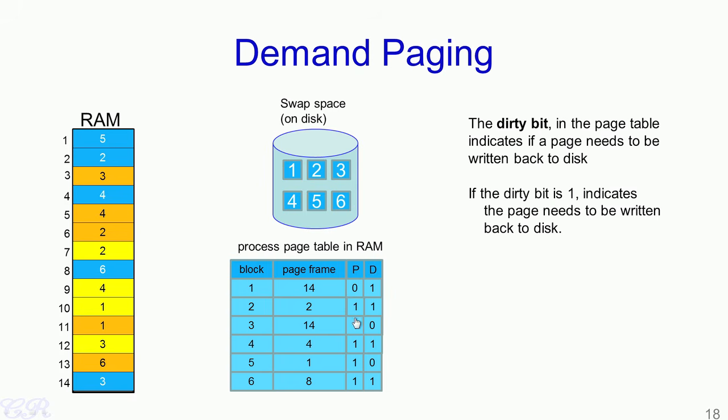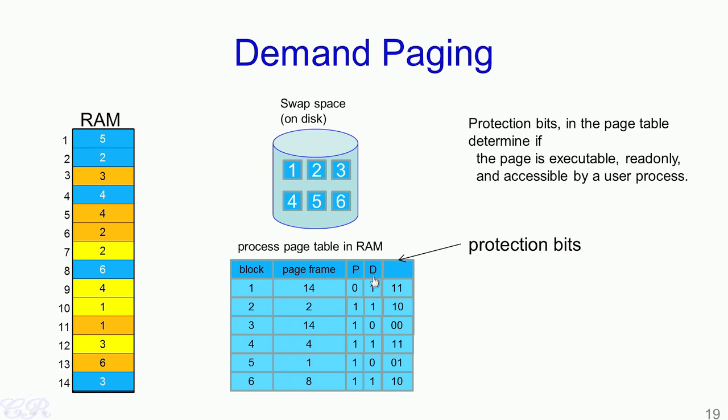If the dirty bit is set to 1, it indicates that there is a difference between the contents in the RAM and the contents in the swap space, and therefore, during a page fault, the contents of the page frame will be written back to the disk. If the dirty bit has a value of 0, then the swap out process will not be required. You will just need to swap in the new block and replace the corresponding block in that page frame.